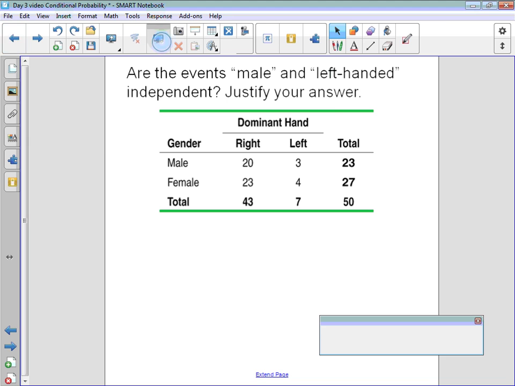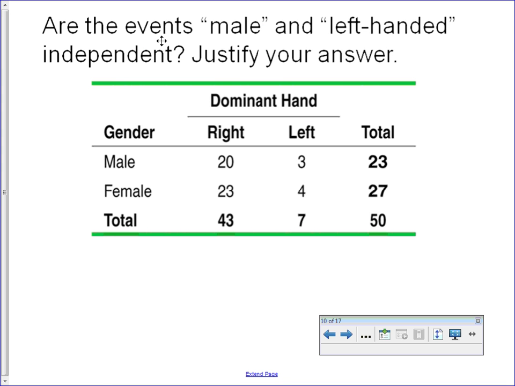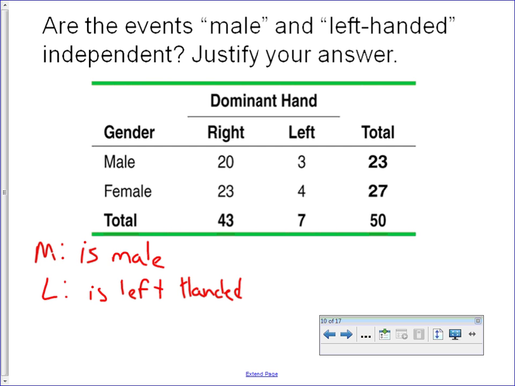All right, so are the events male and left-handed independent? So we're going to define our two variables. M is male and L is left-handed.